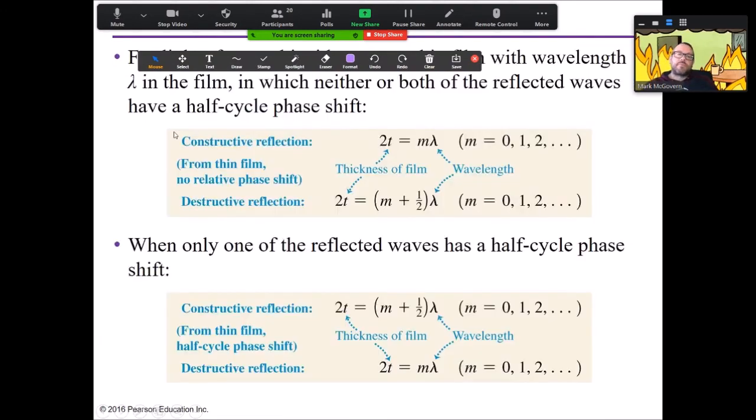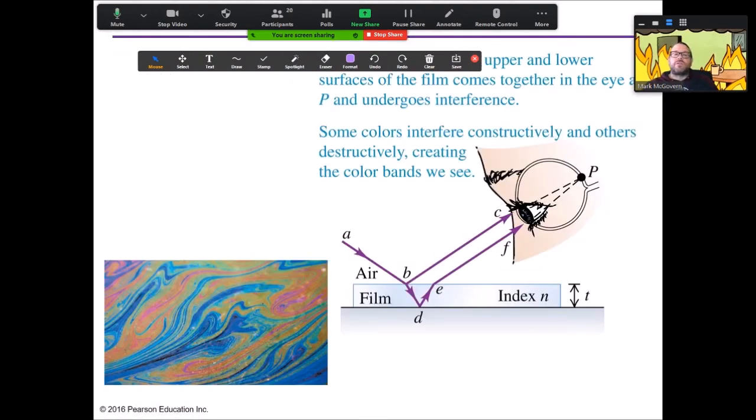Okay. All right. Oh, the other thing, too. Here's a really tricky thing. Say red light hits the surface between the air and the film, goes into the film, comes out. You remember what happens to light when it goes through the film?